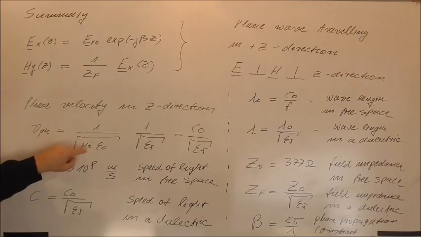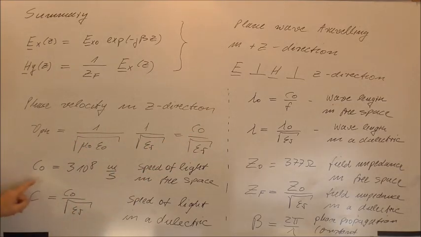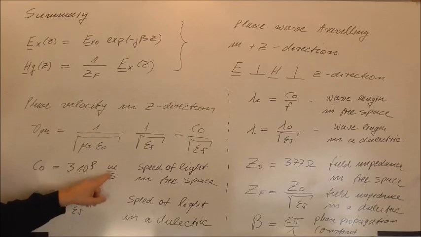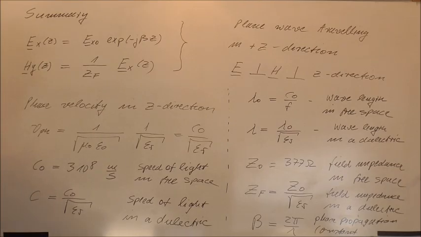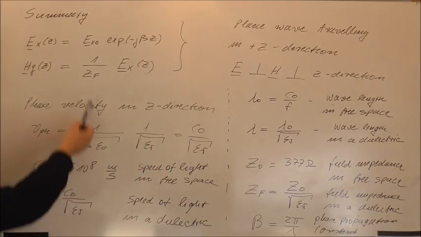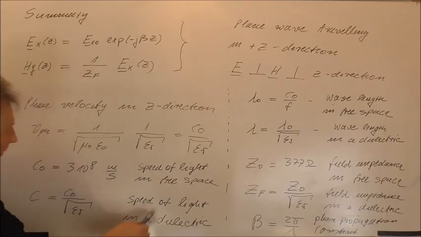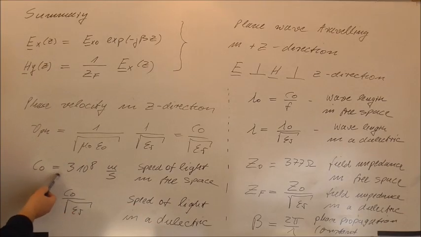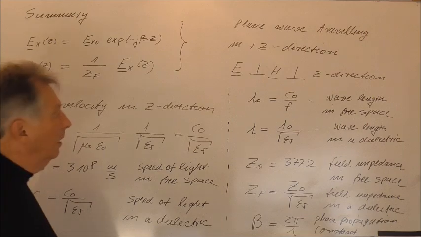This term is identical to the speed of light in free space, we have 3 × 10⁸ meter per second. And if the plane wave is traveling in a dielectric, the speed of light will be reduced to a lower amount due to the relative permittivity.